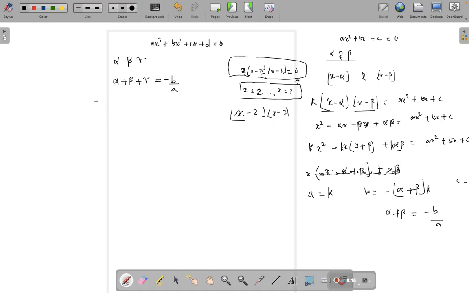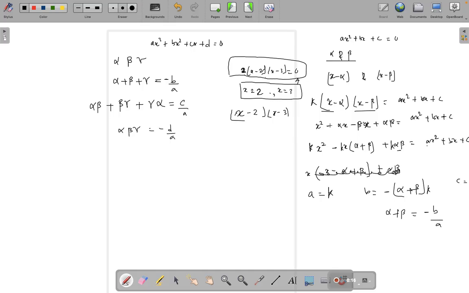Then you will not move directly to the product, because you have to explore all combinations. So you take the product of roots taken two at a time: alpha beta, then beta gamma, then gamma alpha. This is equal to c upon a, and then finally the product of roots, alpha beta gamma, is minus d upon a.